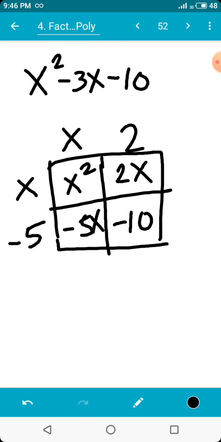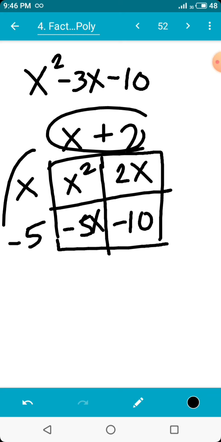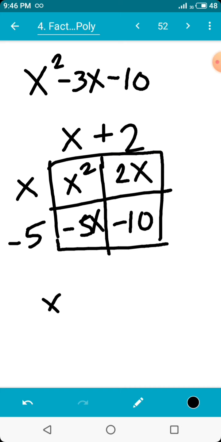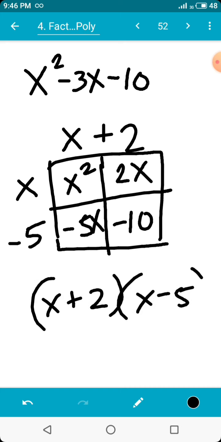So, lalagyan natin ng negative yung 5 natin. Okay? So, ito naman, 2 times negative 5, that is negative 10. So, tama naman na negative 10. Okay? So, ibig sabihin, ang sign ng 2 natin ay positive. So, ito na ngayon ang factors ng ating trinomial, and that is x plus 2 and x minus 5.